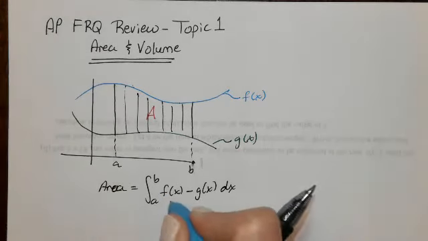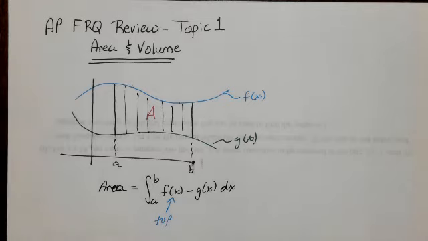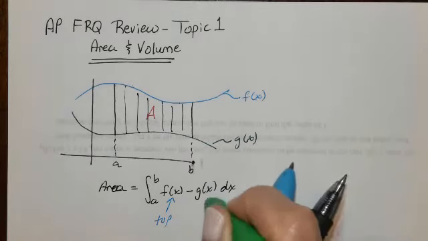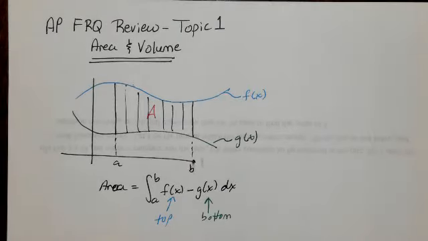So f of x is always the top curve, and g of x here was our bottom curve. So if I was just asking you how to find the area between two curves, you could tell me that the area is the integral of the top curve minus the bottom curve with respect to x.